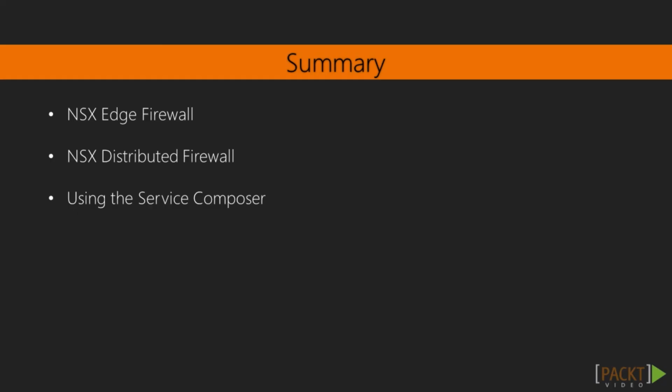In the last few videos, we covered the NSX Edge firewall, which is a virtual machine deployed in your infrastructure, and the different ways on how you could build rule sets for an NSX Edge, which could be edge specific, or you could use generic rules, which could then be applied over the edge and the distributed firewall, where you can also tell the system to apply the rule set on all edge devices or a specific one.